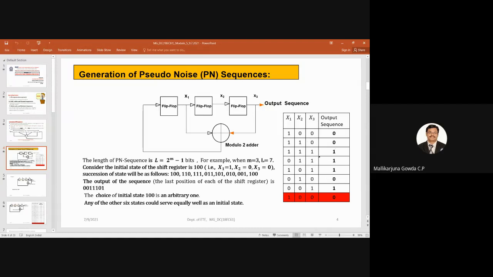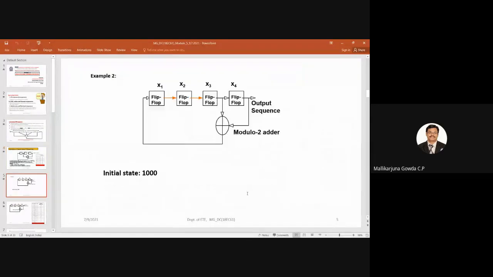Hope you are understanding what I'm saying. You have to start from that bit. So as I said, the initial state is arbitrary. You can take any one state. Okay, so with respect to that, I think I gave this as the assignment to solve.